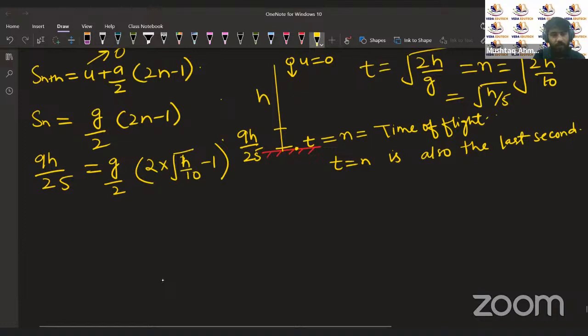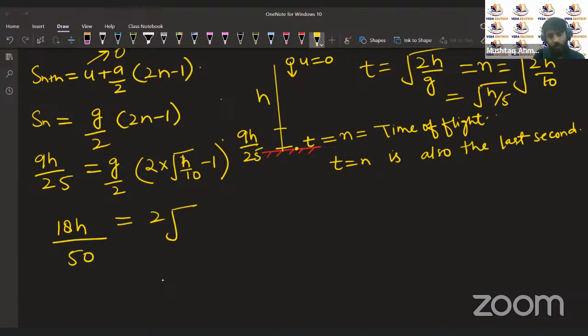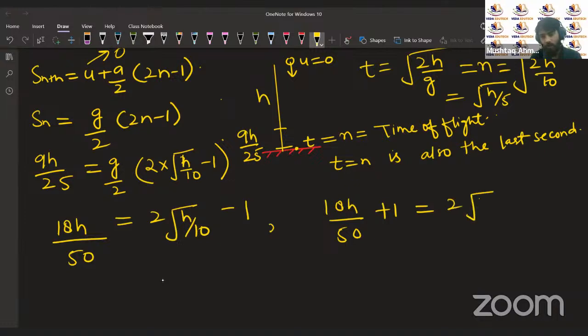So from here, 2 into 9 will be 18h upon, the value of g being 5 here, upon 50. So it will be 2 under root of h over 5, minus 1. So from here we can rewrite it as 18h upon 50 plus 1, that's equal to twice root h over 5.